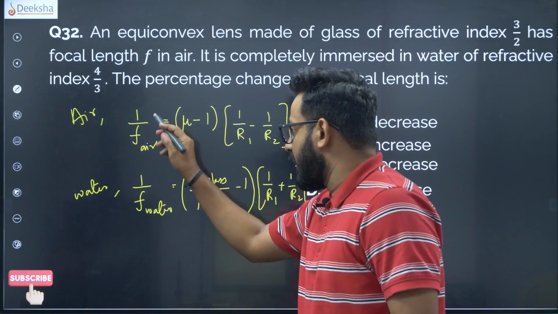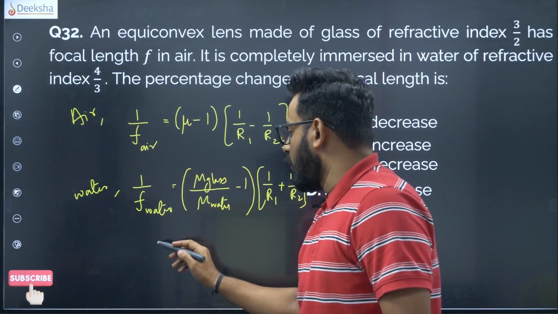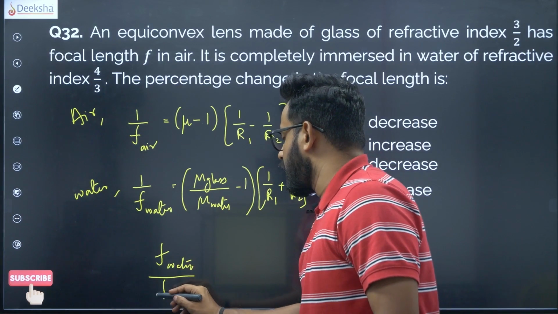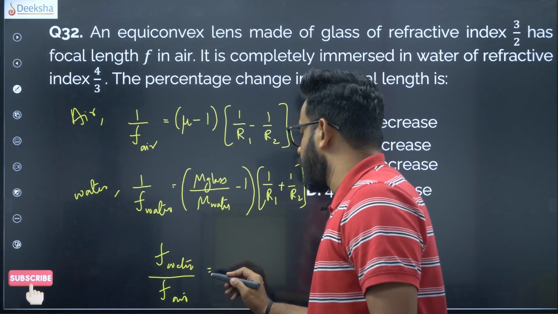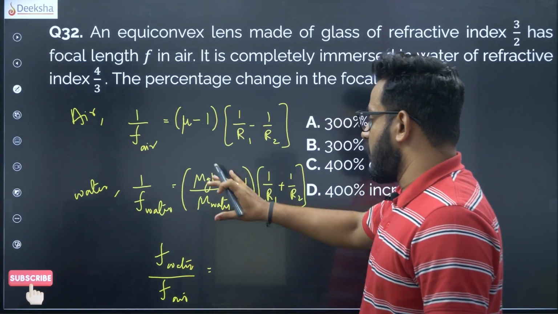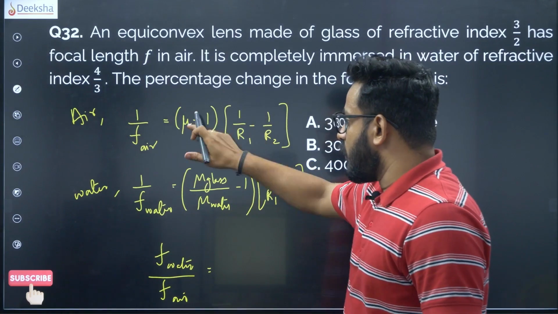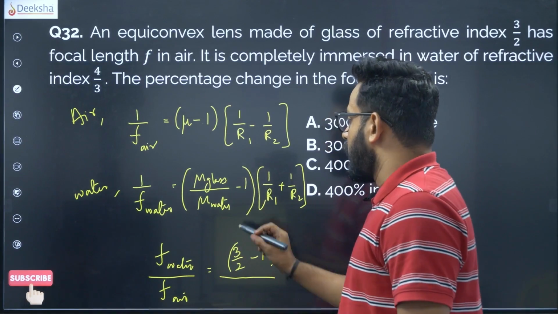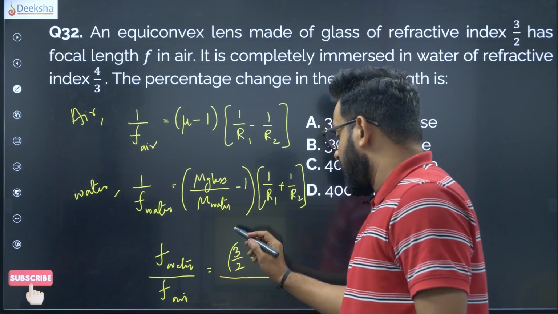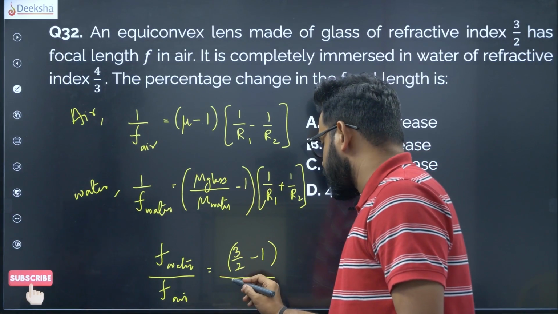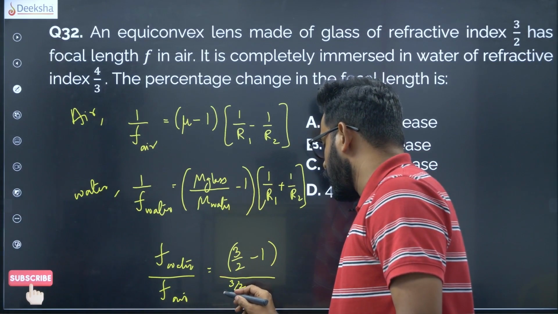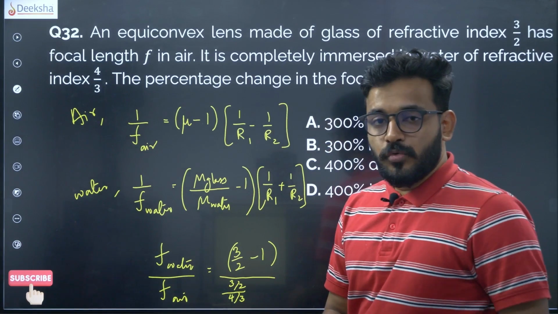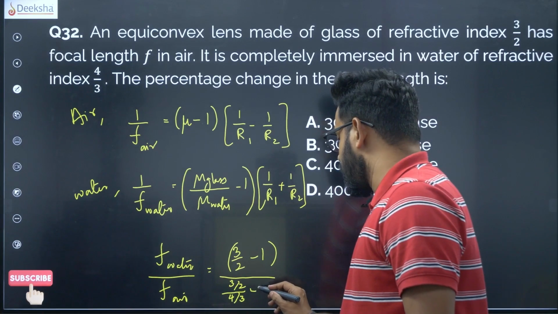Water goes up and air comes down. The bracket remains as it is, because there is no change in it. So mu of glass, 3/2 minus 1, whole divided by mu glass by water. This is tricky: glass is 3/2 and water is 4/3, so 3/2 by 4/3 minus 1.